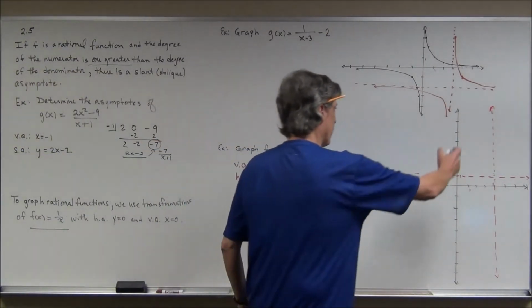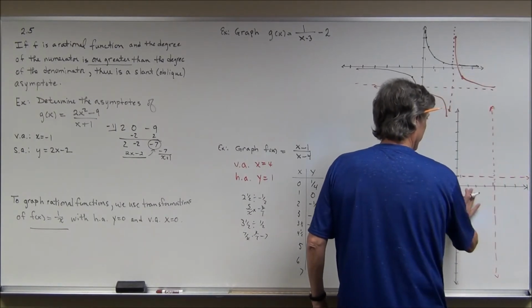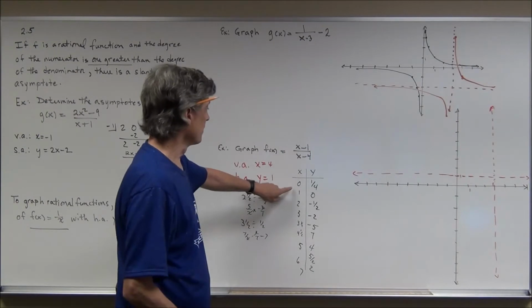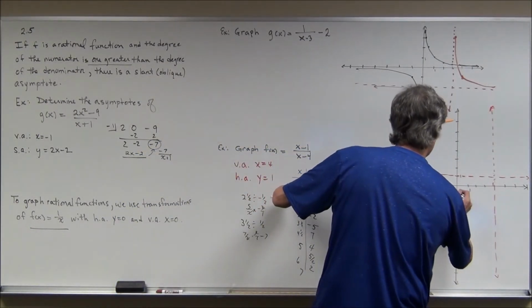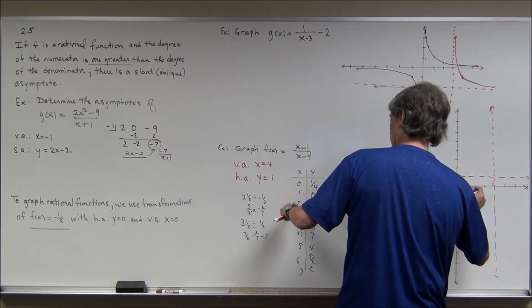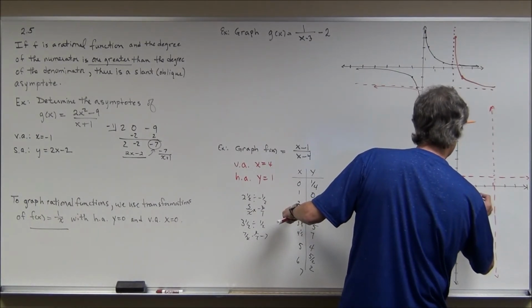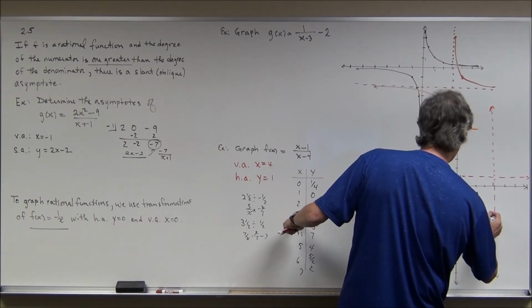Because of the way I have a horizontal and a vertical asymptote, I suspect I'm going to have graph here and here, or graph here and here, and I'll plot some points to determine that. 0, 1/4, there's my y-intercept. 0, 1/4 would be about here. 1, 0 is here. 2, -1/2 is here. 3, -2 is here.